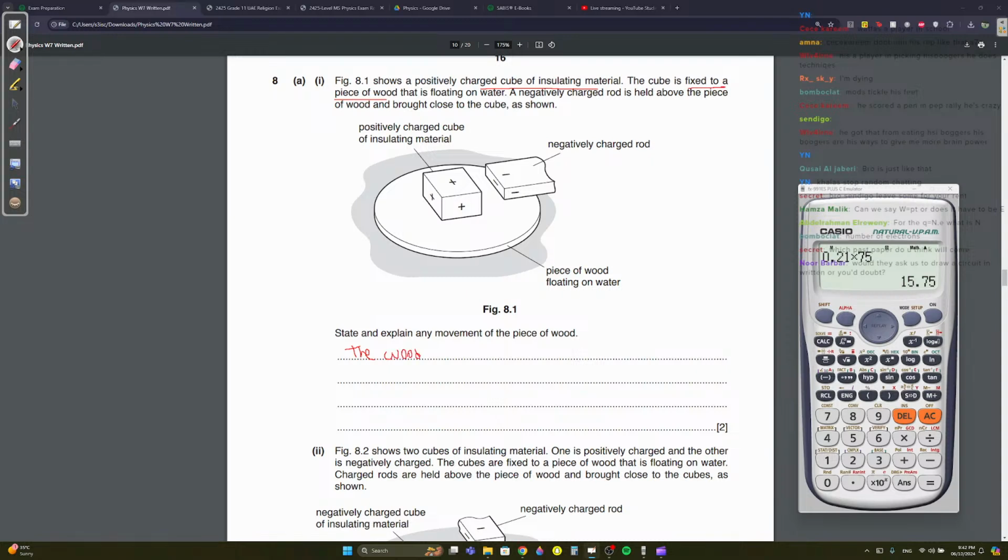The wood will move towards the negative rod since it's attached to the positive cube that is attracted to the negative rod because opposite charges attract.